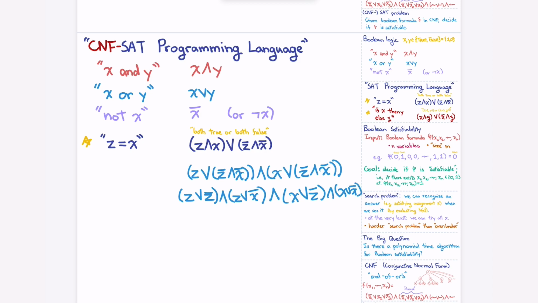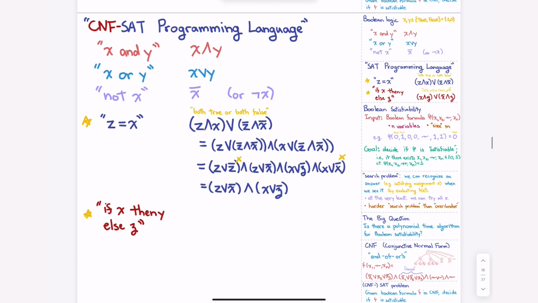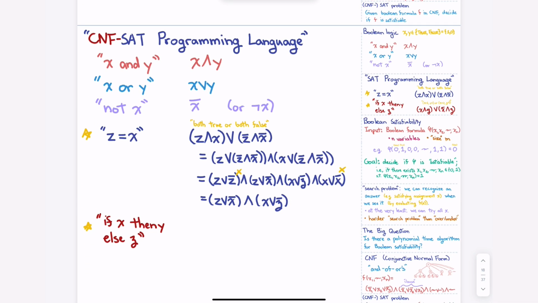This is just distributing the logic. Two of these are redundant: z or z bar is always true, x or x bar is always true. So you get rid of these and you're left with z or not x, and x or not z. It's a little harder to guess initially, but you could start from the easy formula and work your way down. There I've written it a bit more cleanly.